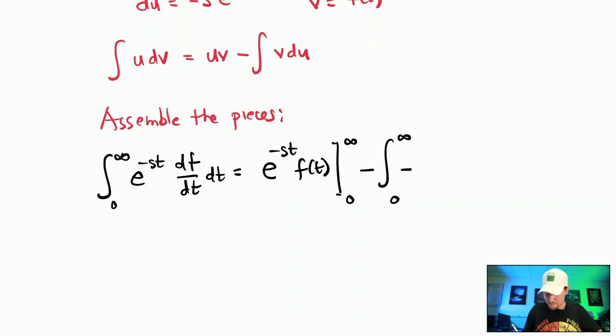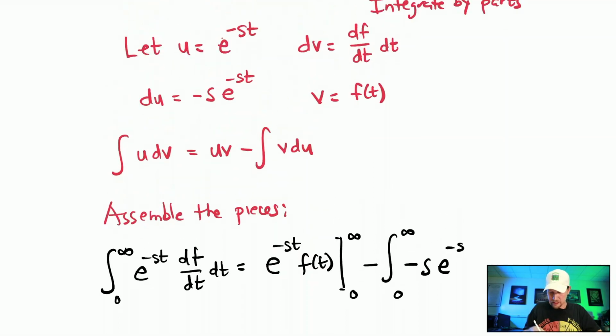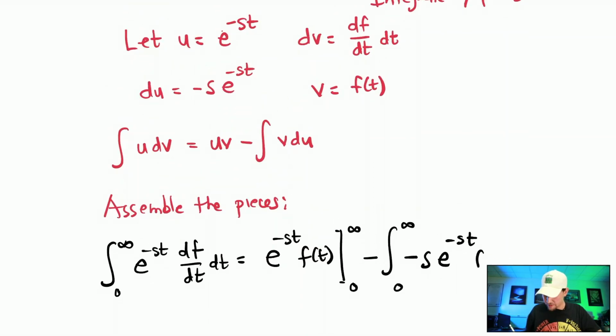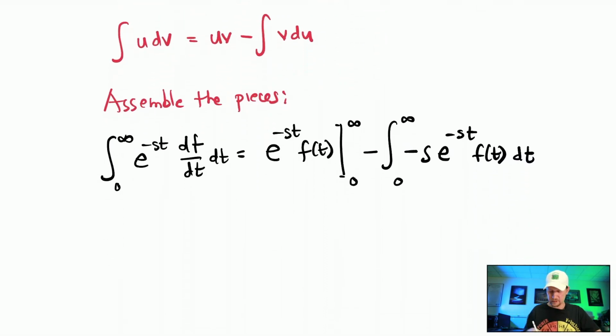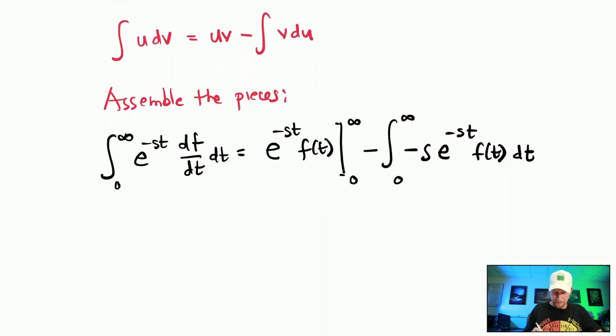So this is now minus s times e to the minus st times f of t dt, like this.